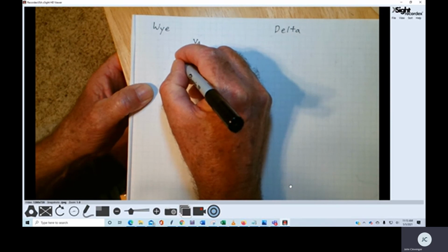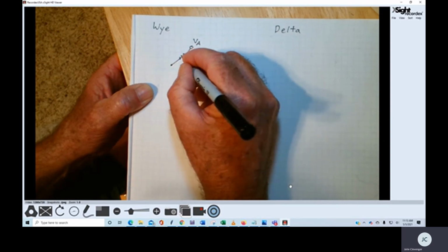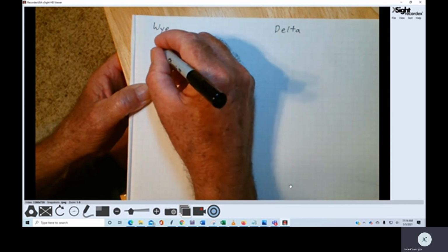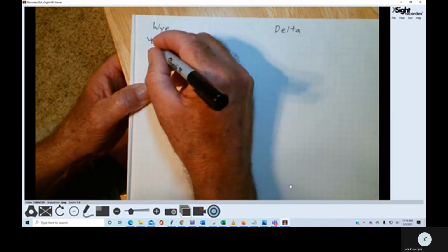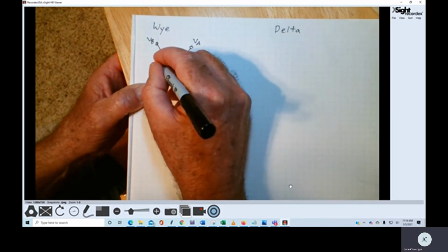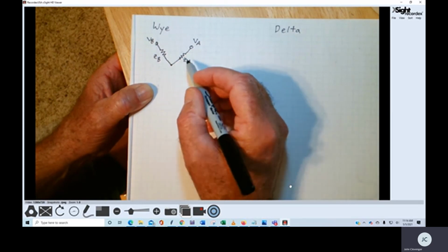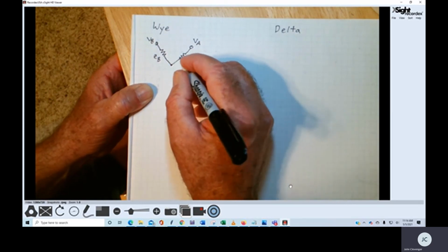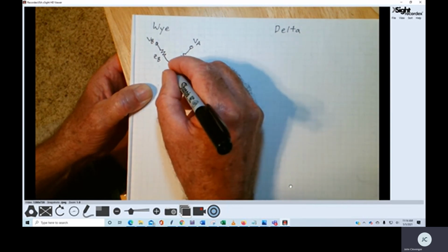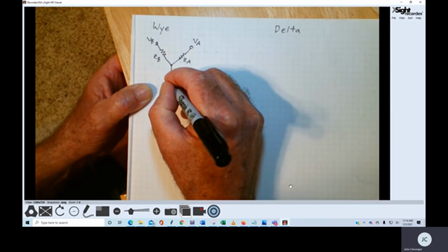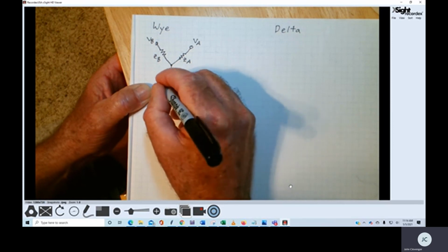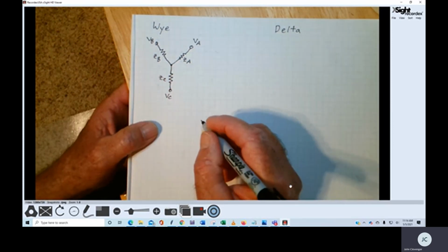So they call it a Y because when we draw this out, here is phase A, and of course there's going to be some impedance. We'll call this ZA, and here's going to be phase B, and of course his impedance ZB. Even though I draw these with a resistor schematic symbol, we have to think of these as an impedance in that they have some magnitude and phase angle, as we always have with AC systems. And of course down here is VC and the impedance ZC.